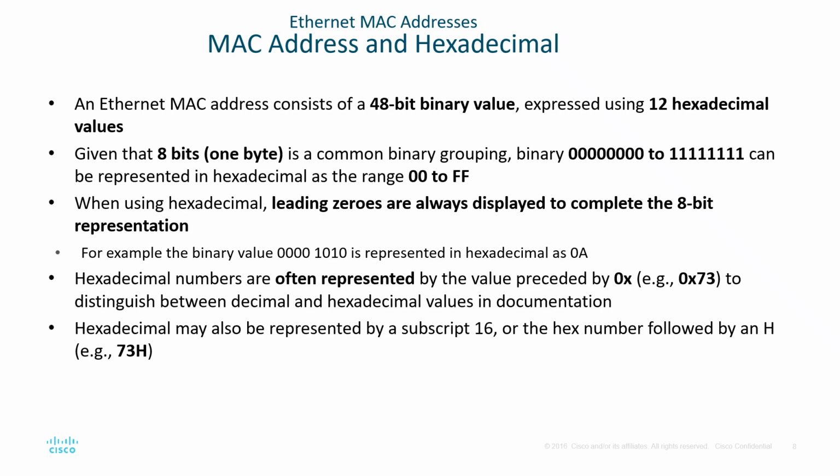If you see simply 73, you know that it is a decimal digit. So this is how you distinguish between decimal and hexadecimal values in documentation. Hexadecimal may also be represented by a subscript 16 or the hex number followed by a capital H.